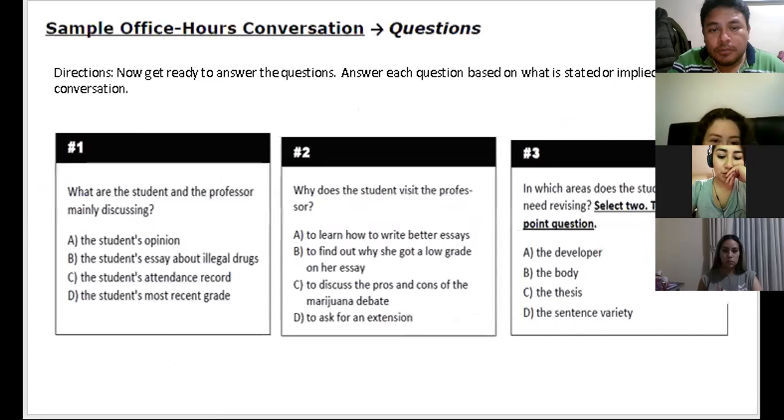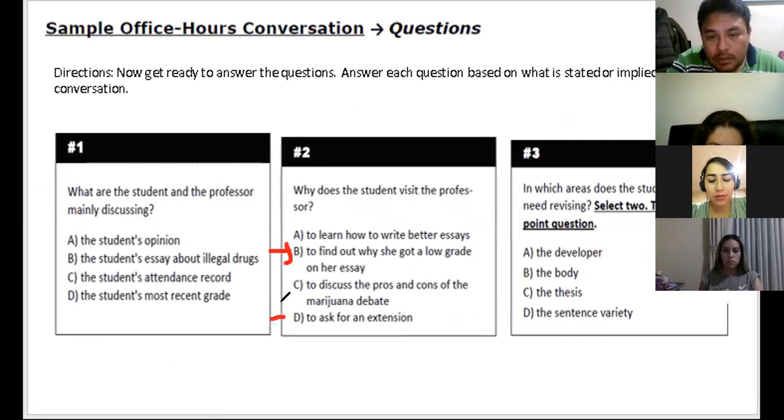So question number 2 says, why does the student visit the professor? You had option B, and I said letter D, right? Now, what is the main purpose of the visit?